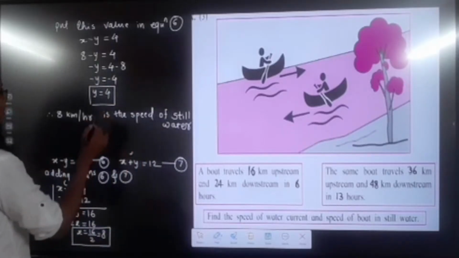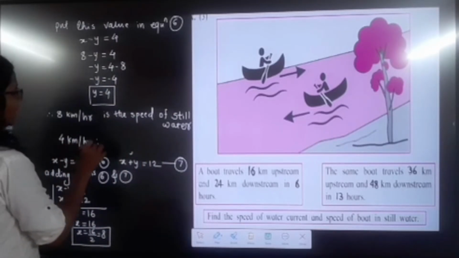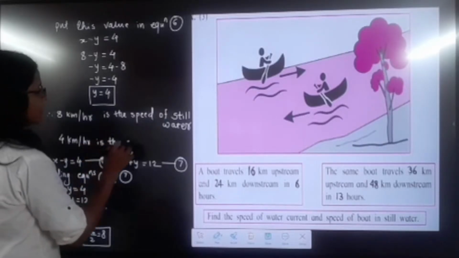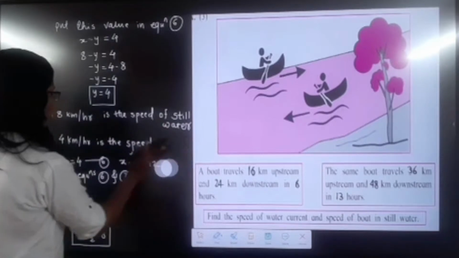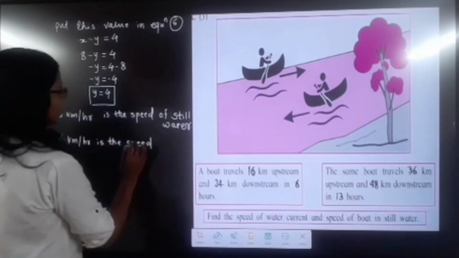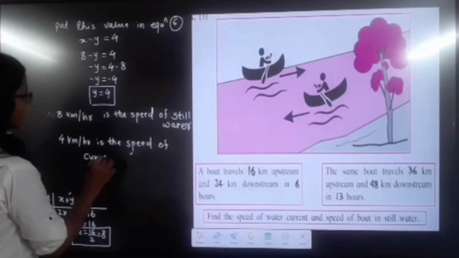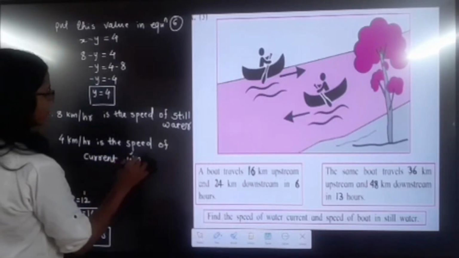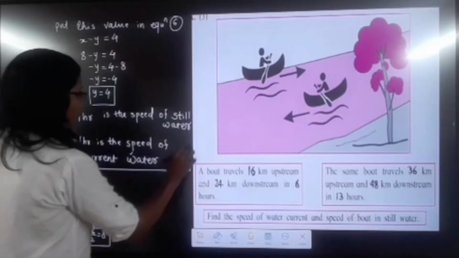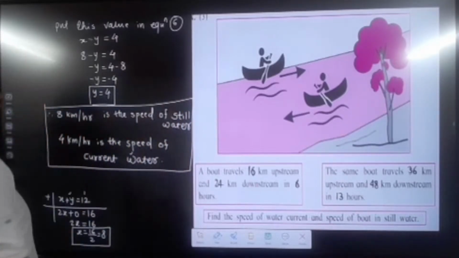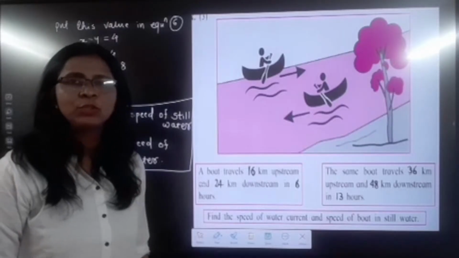And y, that is 4 kilometer per hour, is the speed of the current water. Okay students, so this way we solve this question.